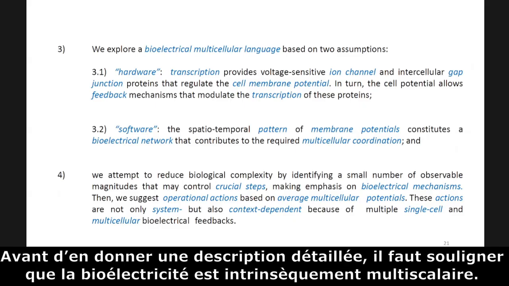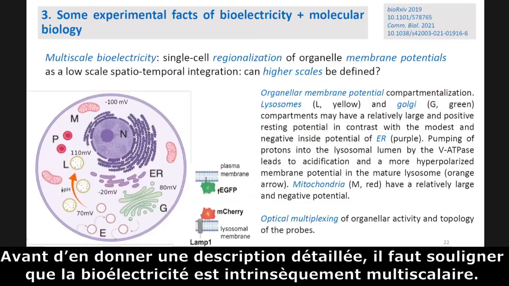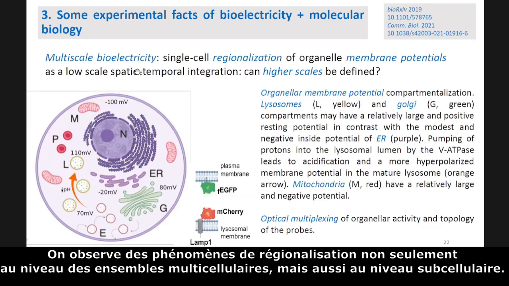So we move to give a description, but before we have to say that bioelectricity is multi-scale in nature, in the sense that you can find regionalization not only at the level of the ensemble aggregate, but even at the subcellular level.